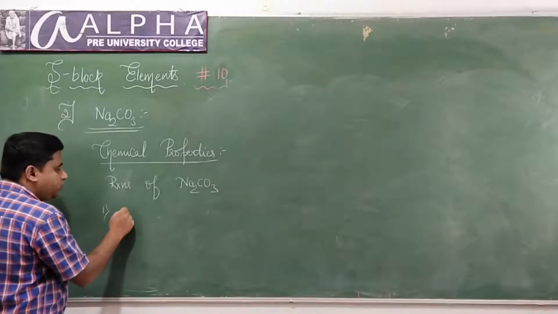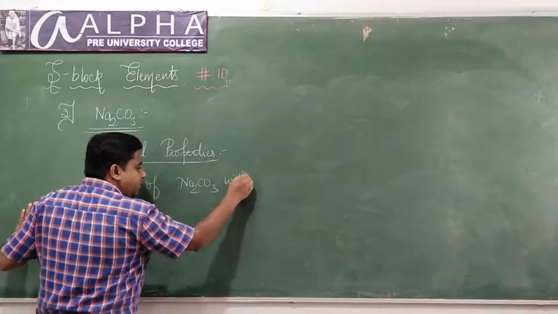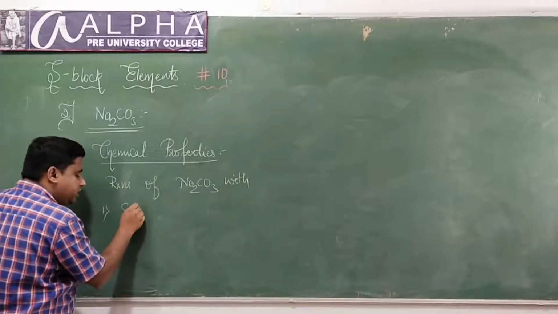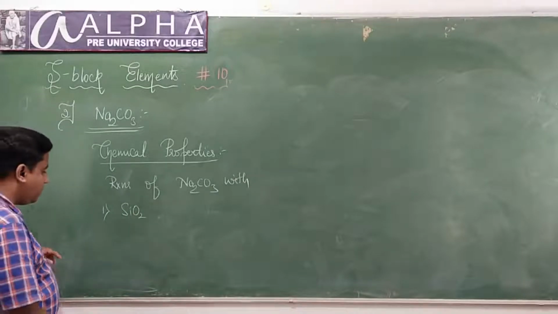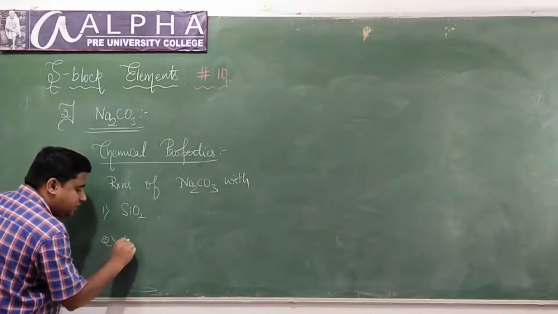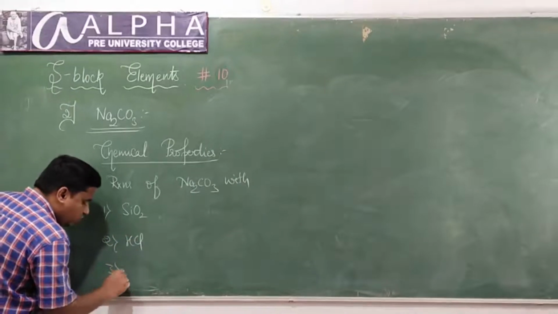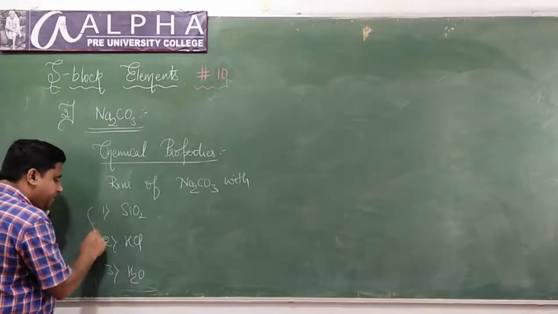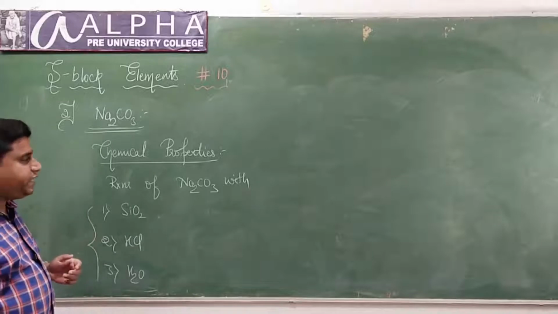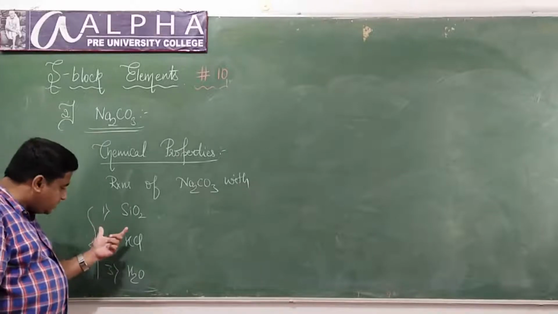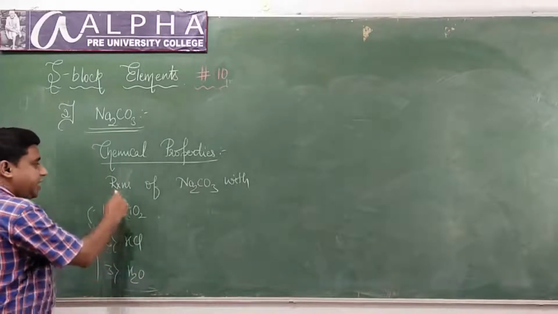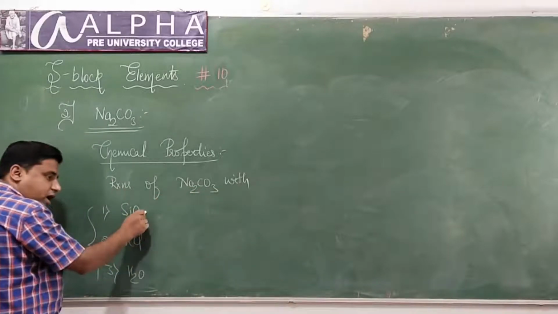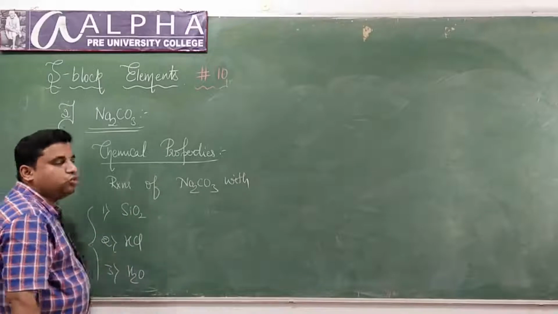First one with SiO2, silicon dioxide, which is called silica. Next one with HCl, and next one with water. Just 3 reactions, no big deal here. Those 3 reactions of sodium carbonate are with silica, with hydrogen chloride, and with water.